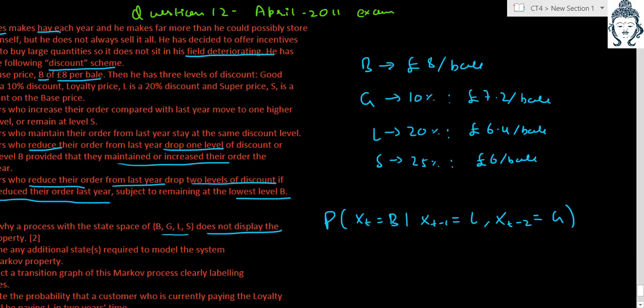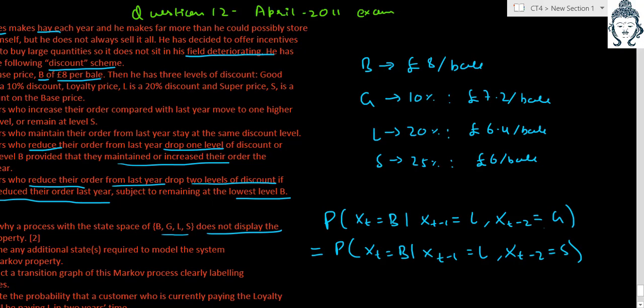So this is if you had increased last year and then this year you are reducing. This probability is not the same as the probability that X_t is equal to B, given that X_{t-1} is equal to L and X_{t-2} is equal to S.